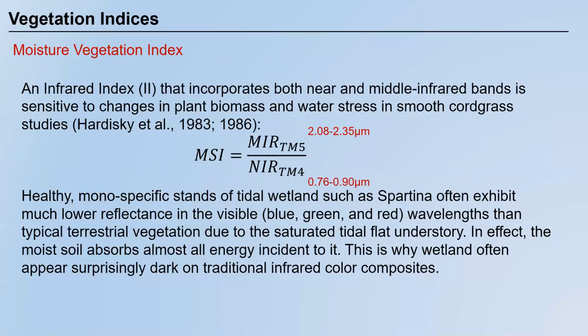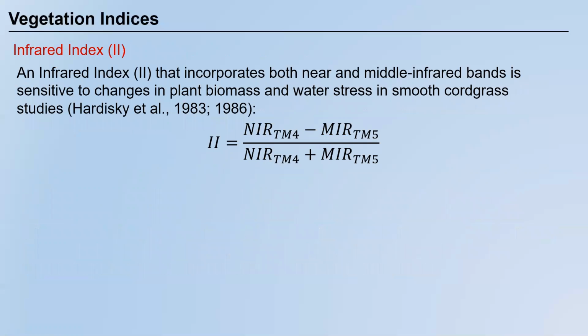So if we standardize MSI, we have another index directly called the infrared index, II. Similarly to MSI, it also uses near infrared and mid infrared to address water stress. So what is water stress?